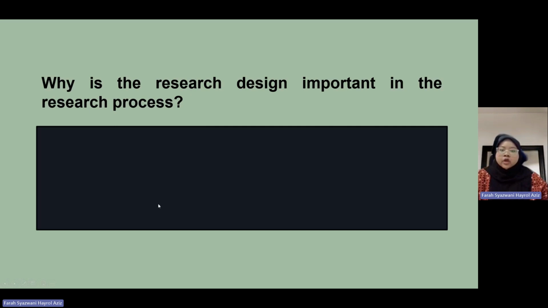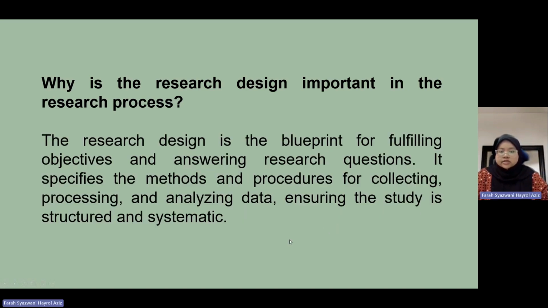Okay, second question. Why is the research design important in the research process? The research design is the blueprint for fulfilling objectives and answering research questions. It specifies the methods and procedures for collecting, processing, and analyzing data, ensuring that the study is structured and systematic.